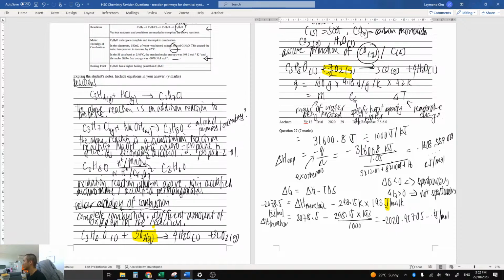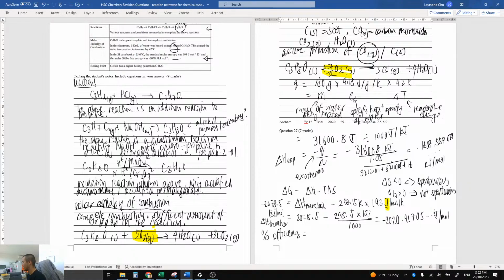Now, from this we can calculate the percentage efficiency. 100% would be 100% efficient, meaning there's no heat loss, but you're bound to have a heat loss in most cases.